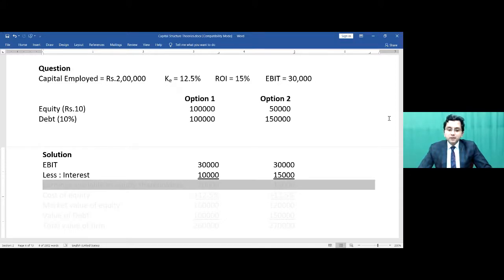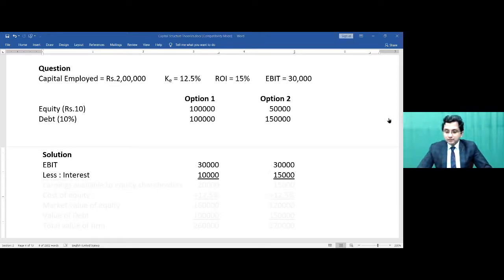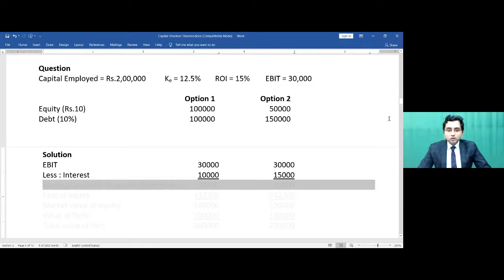Now, usually EBIT minus interest gives you profit before tax, and then profit after tax. But the net income approach assumes that there is no income tax, so profit before tax and profit after tax are one and the same. There is no difference between the two. And there are no preference shares in this question.